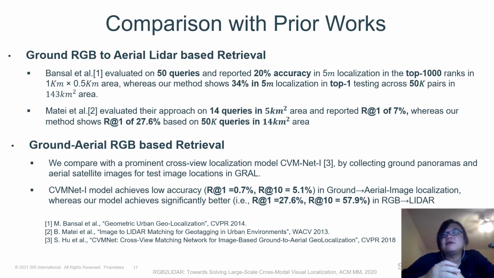So the idea is that for the same area, we use the ground image and the aerial image to represent the same problem setting as a cross-view localization situation. Then we compare the results. Our performance is still much better than the cross-view localization setting in the same area. So this further demonstrates the potential of the cross-modal geo-localization approach to this problem.